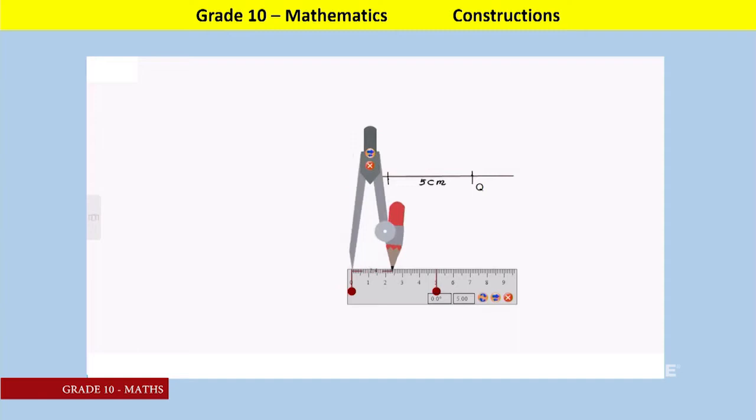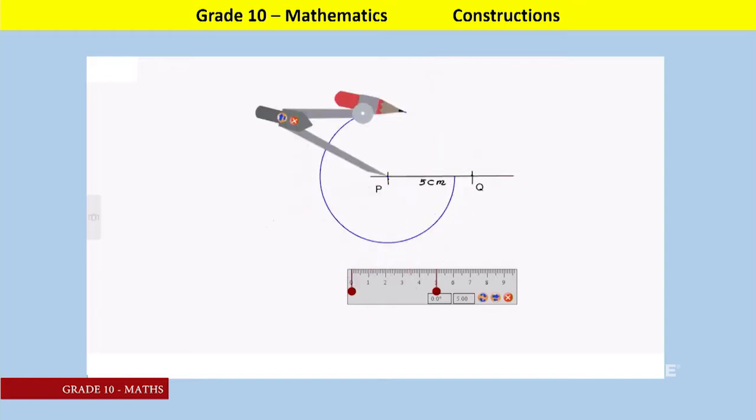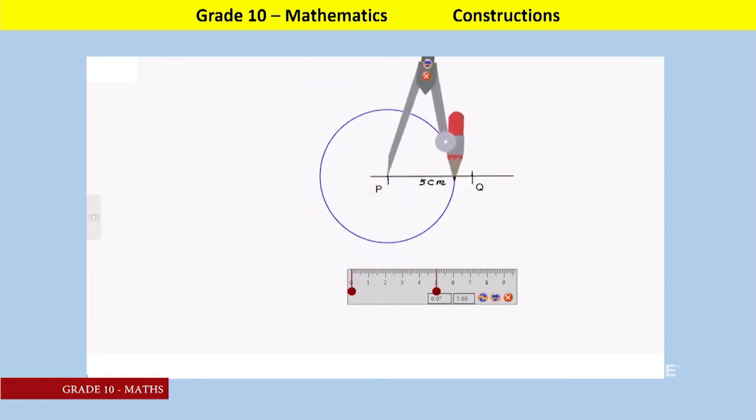Next, let's find the locus 4 centimeters away from P. So that is a circle. Radius is 4 centimeters. Remember to mark the radius as 4 centimeters.